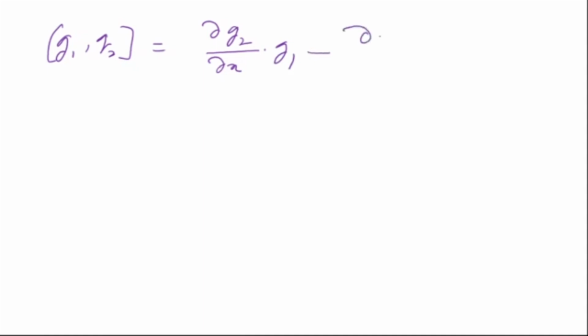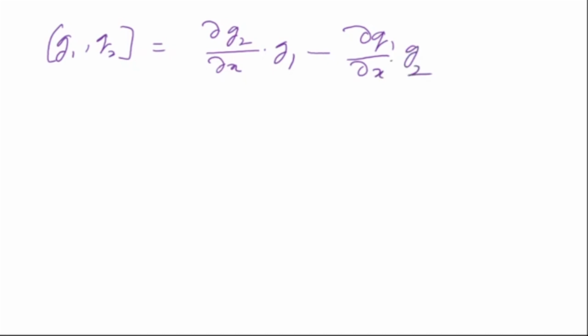So the way we write it is the bracket of g1, g2 is equal to the partial differential of g2 by dx into g1 minus the derivative of g1 into g2.